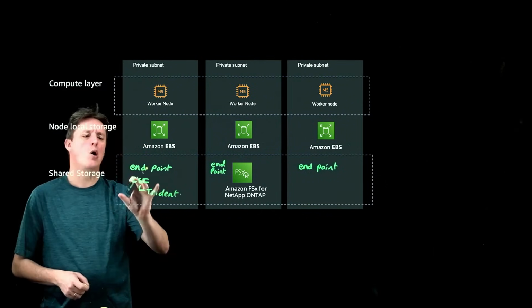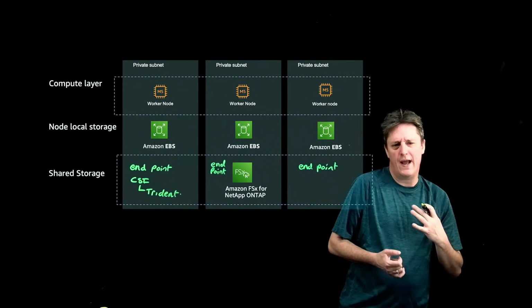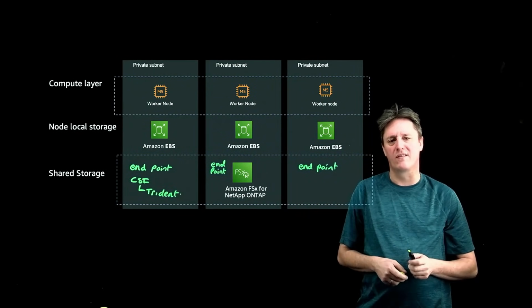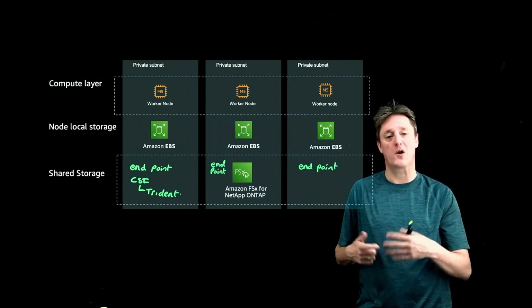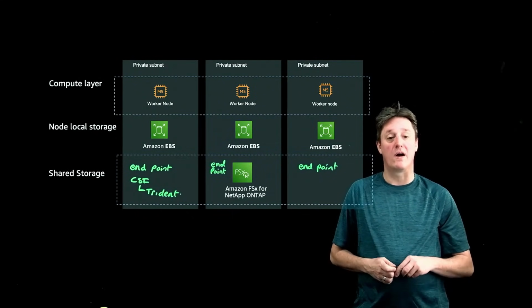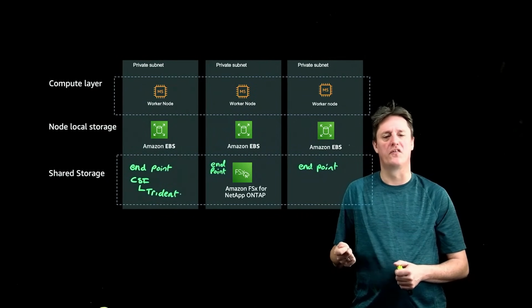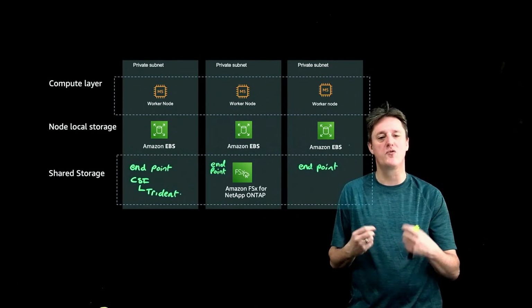This allows OpenShift to interact with my shared storage and present that shared storage to my workloads running inside OpenShift. It also allows me to control through that driver and that operator framework my storage.